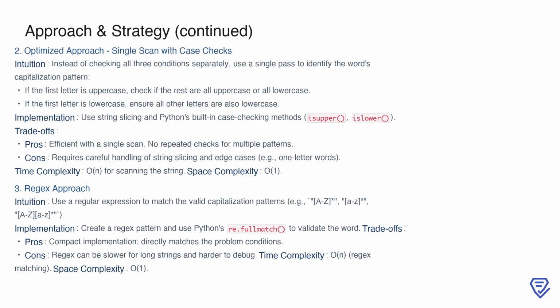This approach leverages Python's built-in methods like isupper and islower, along with string slicing to simplify the implementation. The main advantage is its efficiency, as it avoids multiple scans of the string. However, it requires careful handling of edge cases, such as one-letter words. The time complexity remains O(n) due to the single scan, and space complexity is O(1).